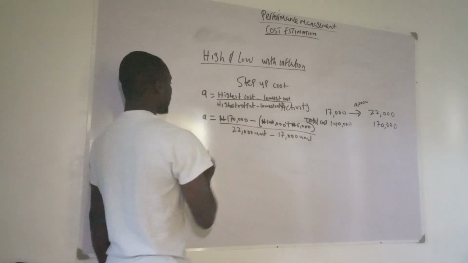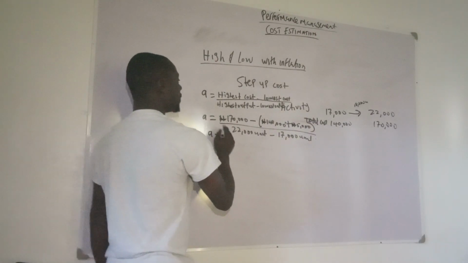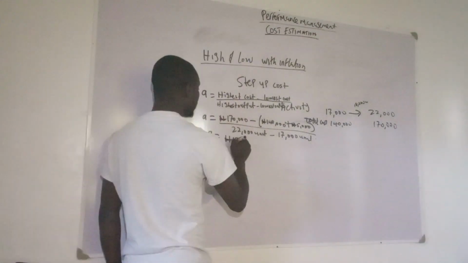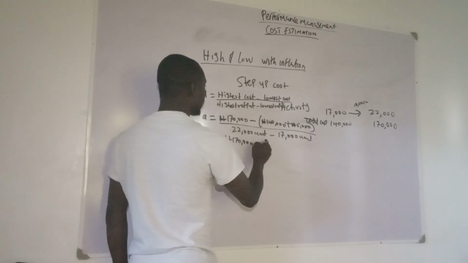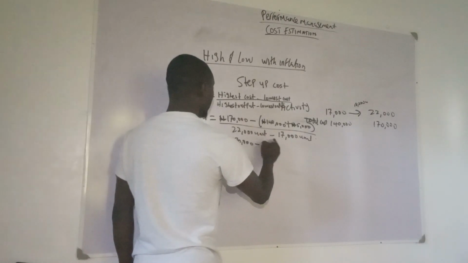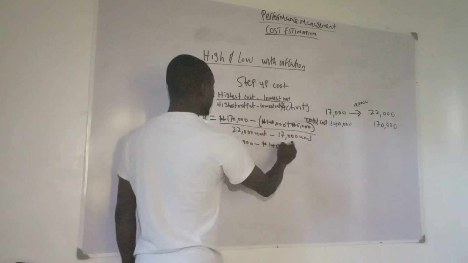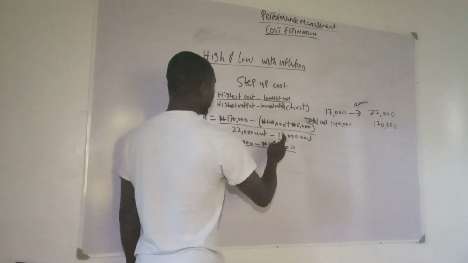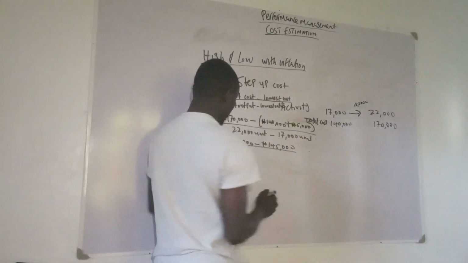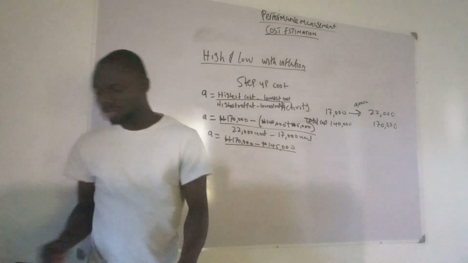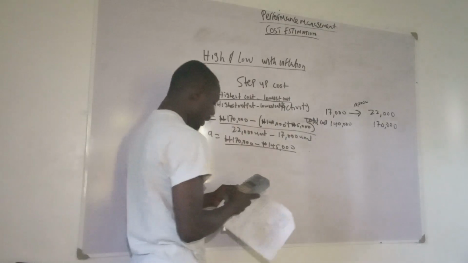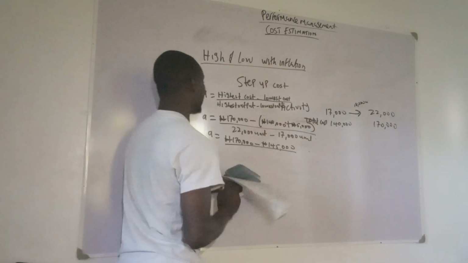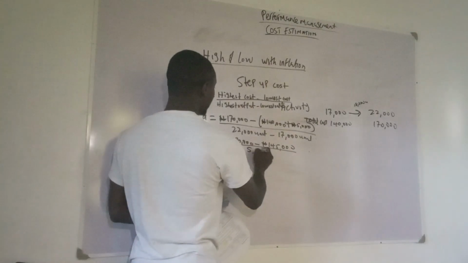So this will be A, which is your variable cost per unit, equals 170 minus 145,000, divided by 22 minus 17, which is 5,000 units.